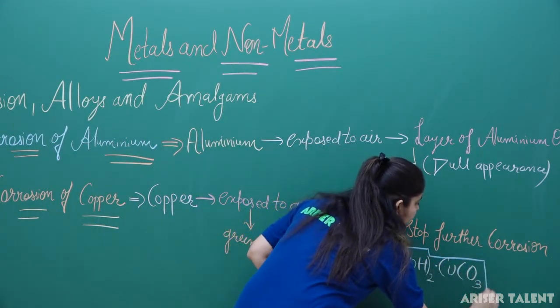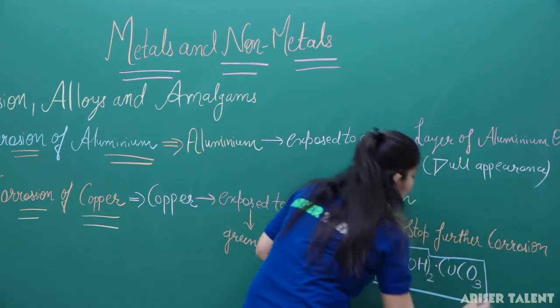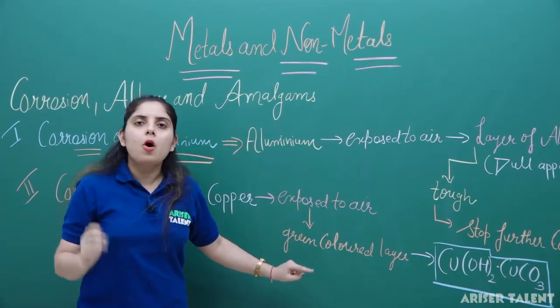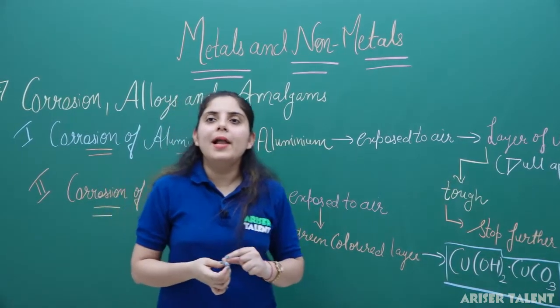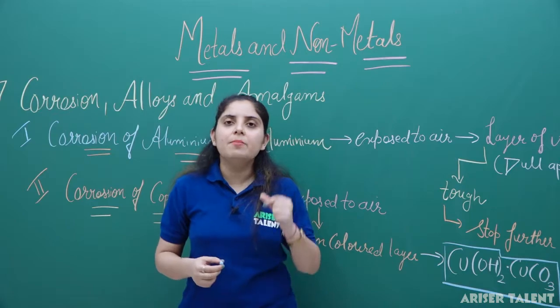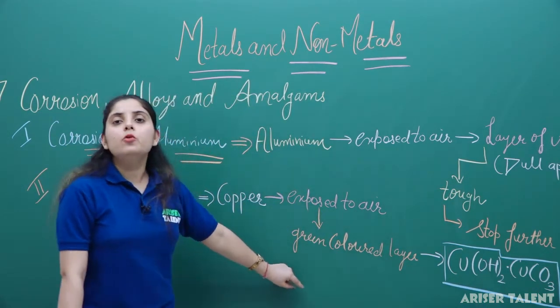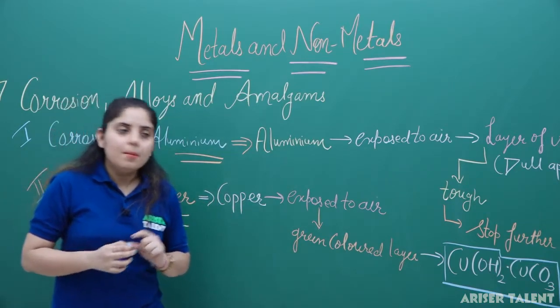It makes the green colored appearance on the surface of the copper, and it also helps the copper to react easily, making its tensile strength a little bit low. So it will lead to reducing the tensile strength of the material.